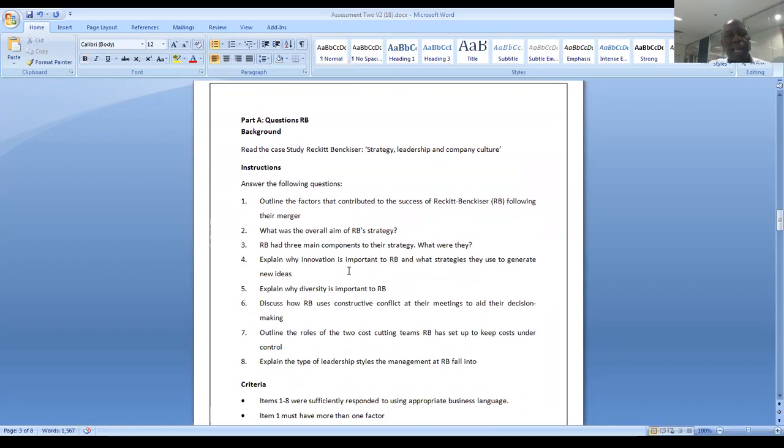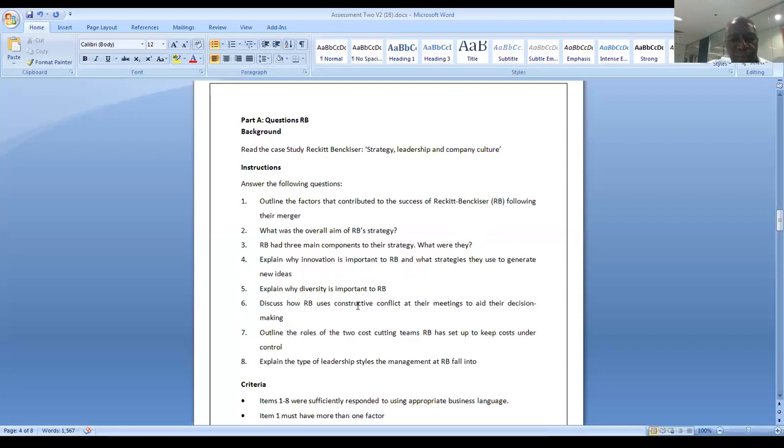Now, part A, read the case study on strategy, leadership, and company culture. The instructions are to outline the factors that contribute to the success of this company. The factors are already in the case study, so you need to refer to it when you answer. What are the factors that contributed to the merger? What was the overall aim of RB and the main components of the strategy? Explain why innovation is important.